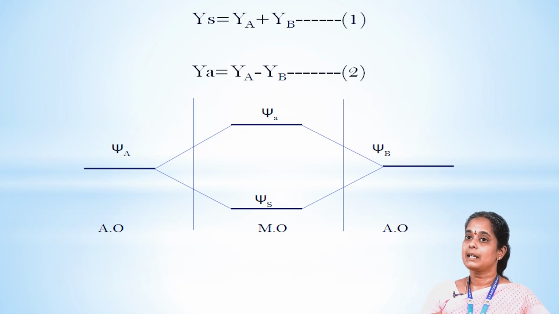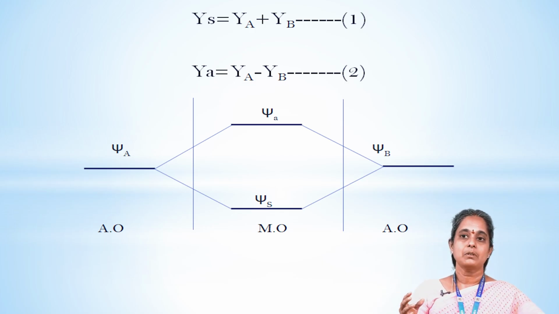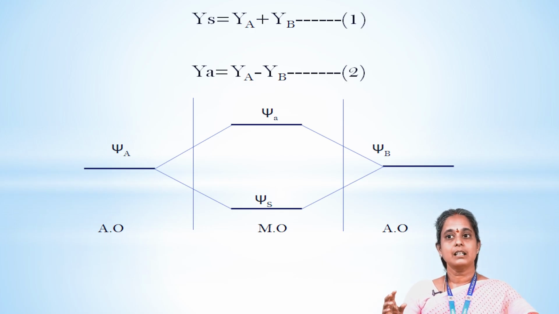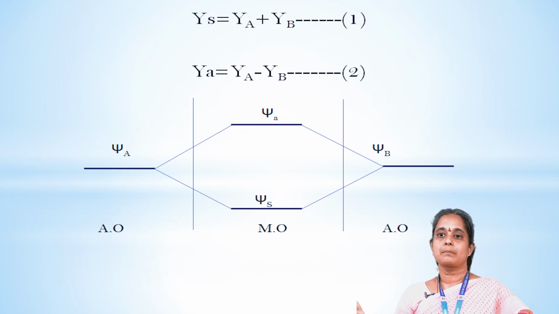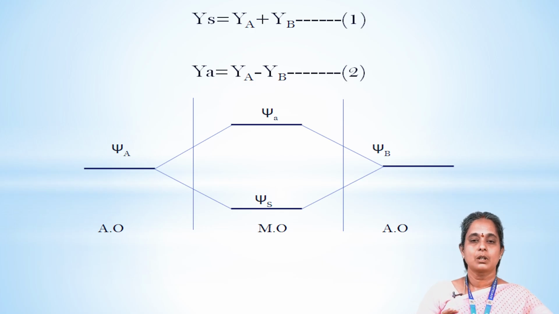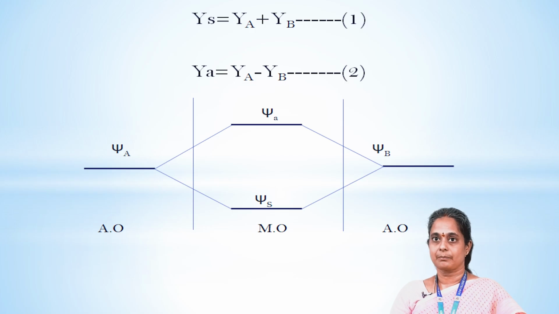The overlapping atomic orbitals may be pure or hybridized. Thus, we can have overlapping of s-s orbitals, p-p orbitals, sp3 and s orbitals, sp3 and 2s orbitals, sp and s orbitals, etc. Each such overlap would give one sigma and one sigma star orbital.